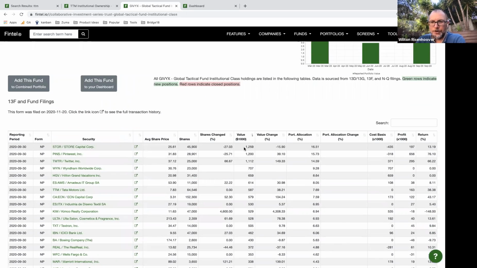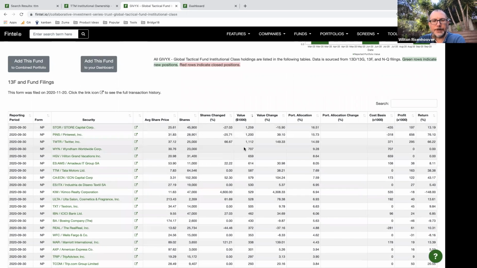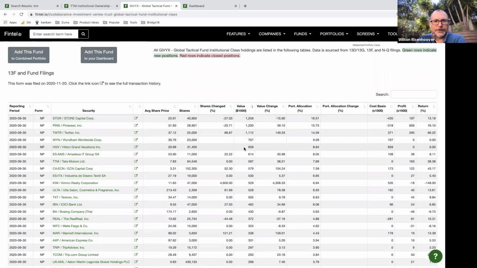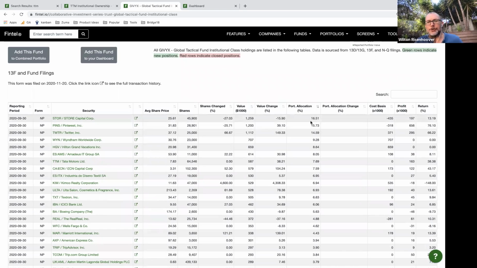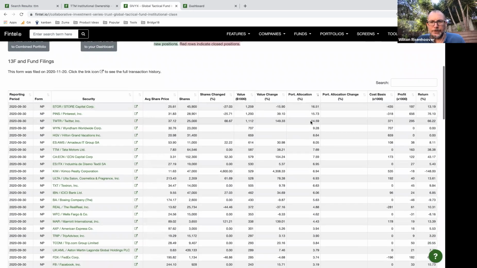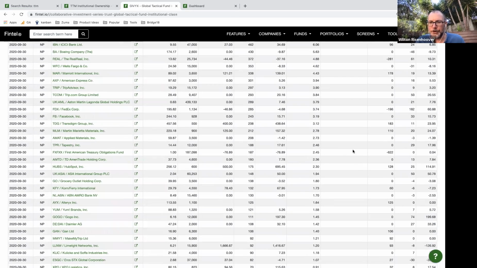So here's one way you can see the concentration of their money in a specific company. You can also see the portfolio allocation here for the 13F filings and for the mutual funds. We can show you the total percentage of their portfolio in a specific company, which is kind of interesting. Okay, I hope I answered your question.